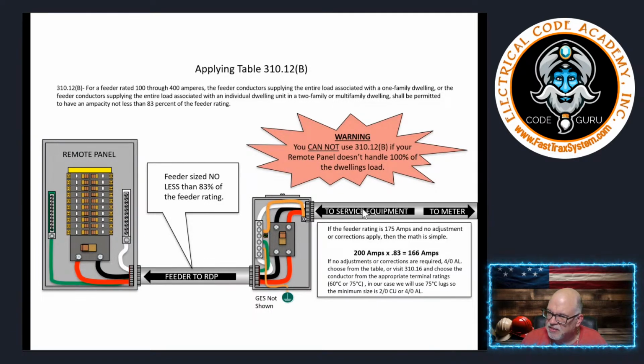If this is a service coming in and this is the feeder, and this feeder is seeing 100% of the load, and obviously it is, because everything in this panel is going to be going through this feeder, then we're allowed to apply the 83% to the feeder application as well, for these conductors. Same rules apply.